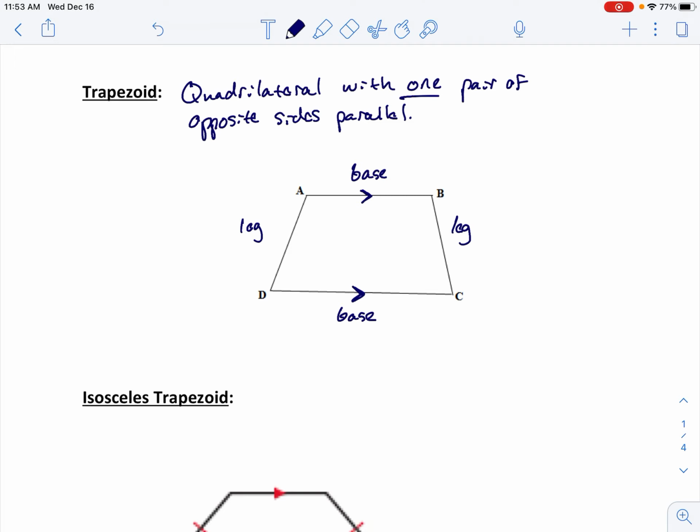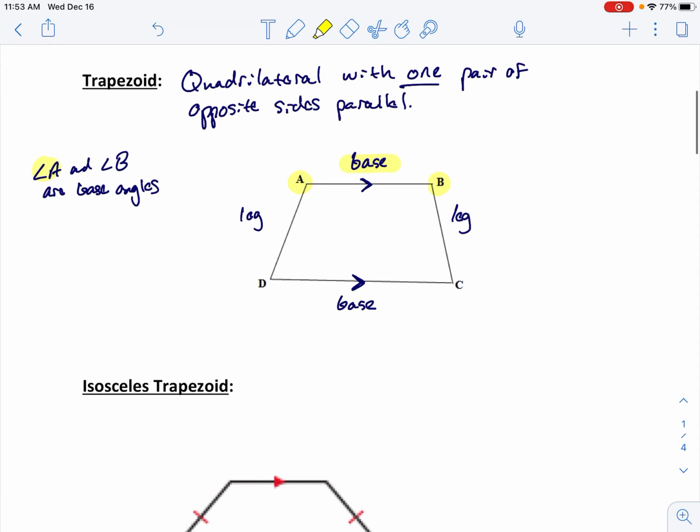And then we have certain base angles. We have pairs of base angles. So angle A and angle B are base angles with each other. The reason why they're base angles with each other is because when I look at A and B, they are a part of the same base. So we would say A and B are base angles with each other, just like we could say angles D and C are base angles with each other.